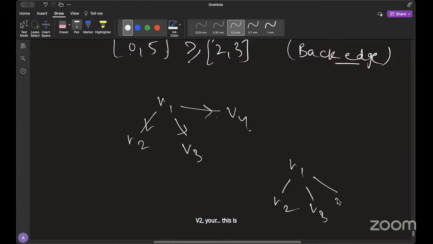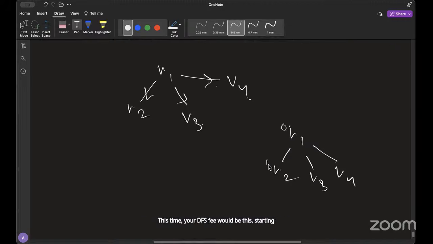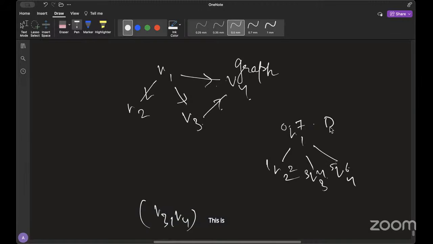This is your DFS tree, right? This time your DFS tree would be this, starting with 0, 1, 2, then 3 here, 4 here, then 5 here, 6 here, and then 7 here. So let's say this is an edge here. If this is also an edge, then V3, V4 is an edge in your original graph. This is your graph. This is the DFS tree.